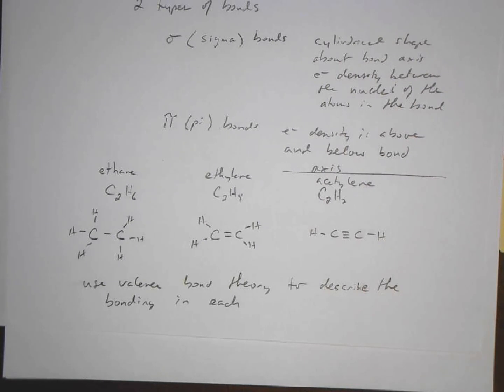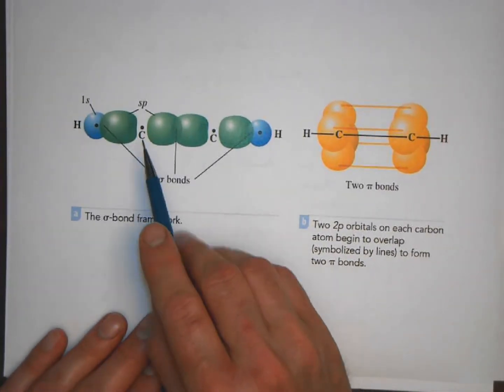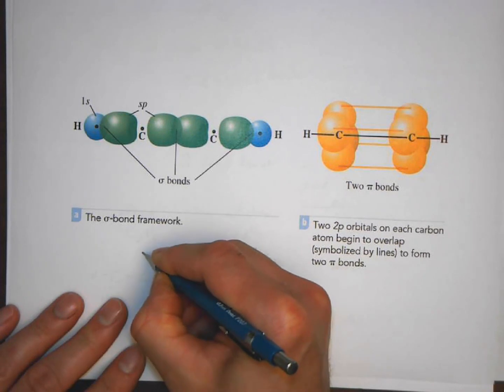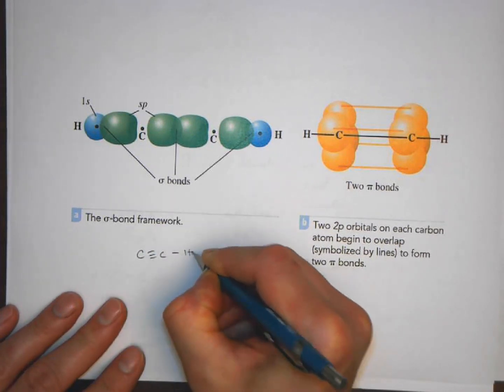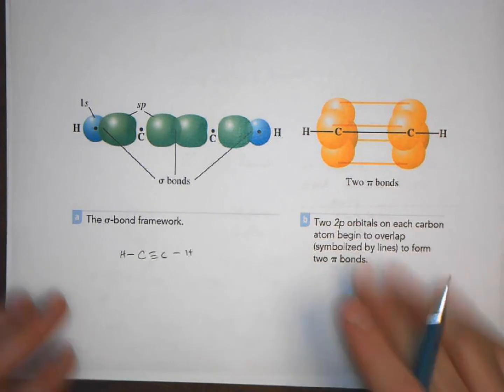But what we have here is, and I'm going to use the image from your textbook to show this. With acetylene, let's first draw the Lewis structure. Let's follow that chart I gave us for figuring this out.